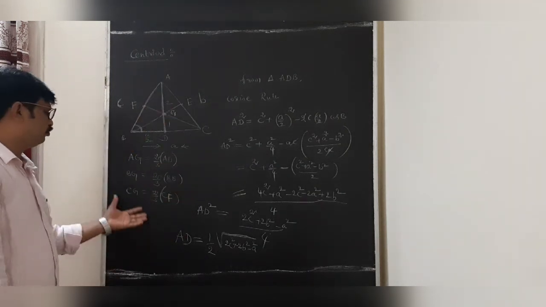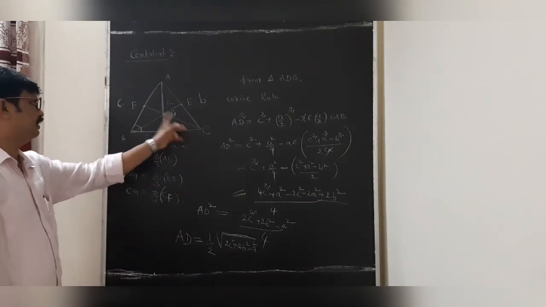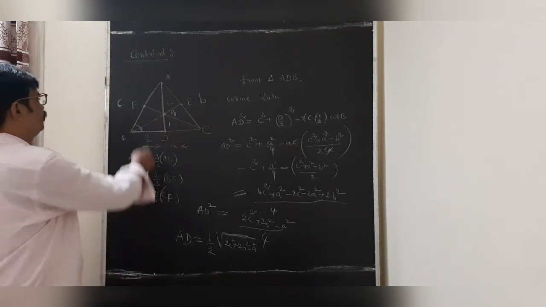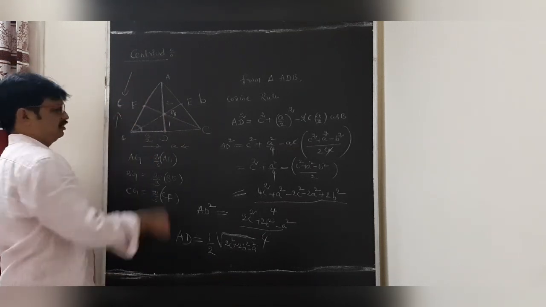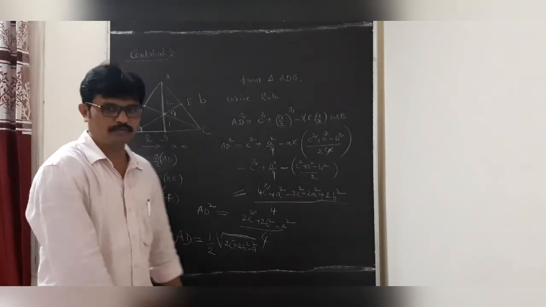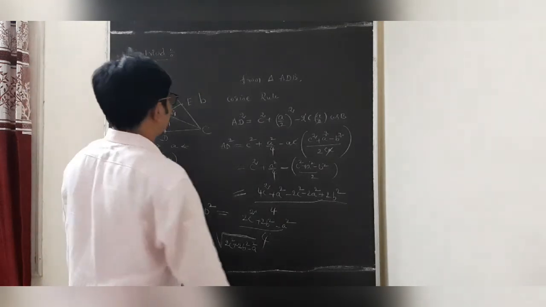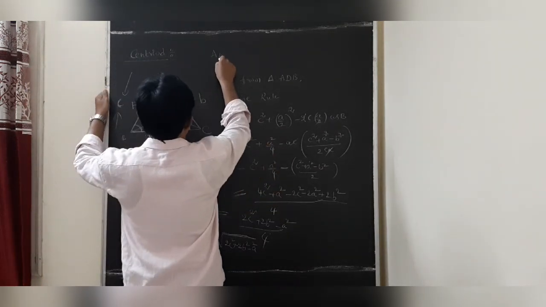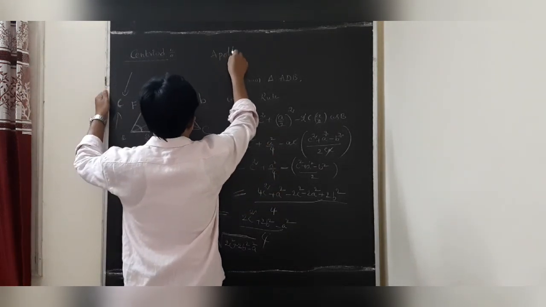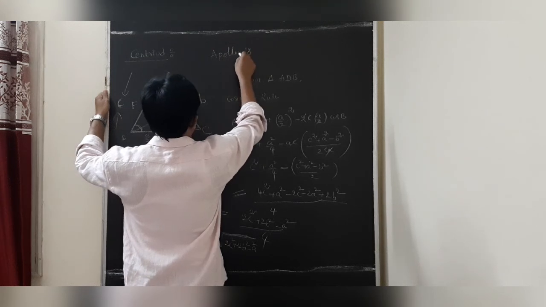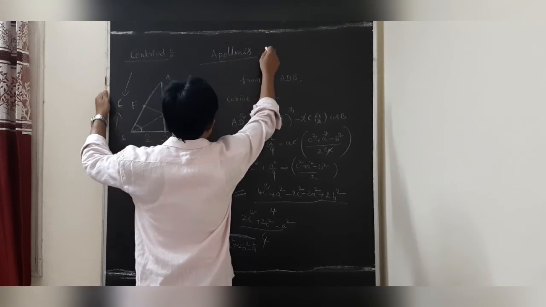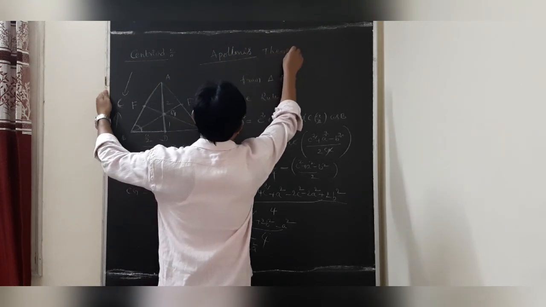Okay students, similarly we have to find the length of BE and the length of CF also. Okay students, this one also we can prove from the Apollonius theorem. So what is the Apollonius theorem, dear students?